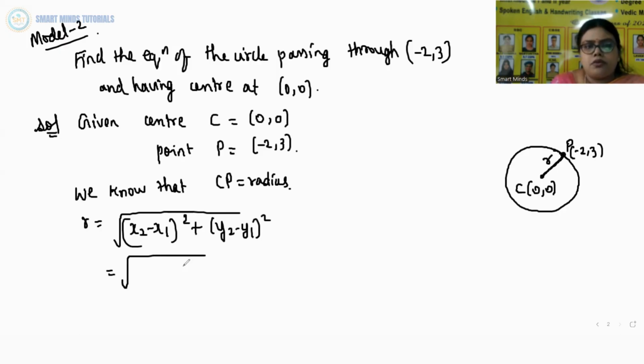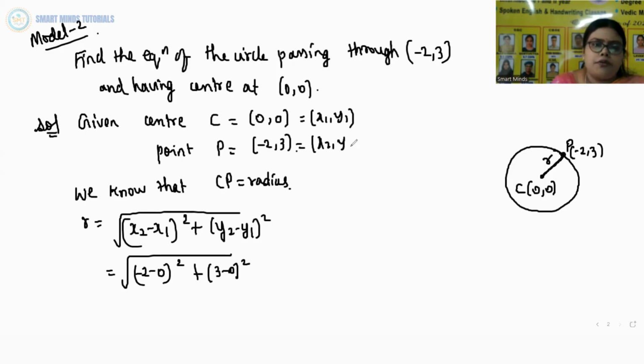So that is root over (-2 minus 0) whole square plus (3 minus 0) whole square. You can take center as x1, y1 and point as x2, y2. That is root over 4 plus 9, which is equal to root 13.